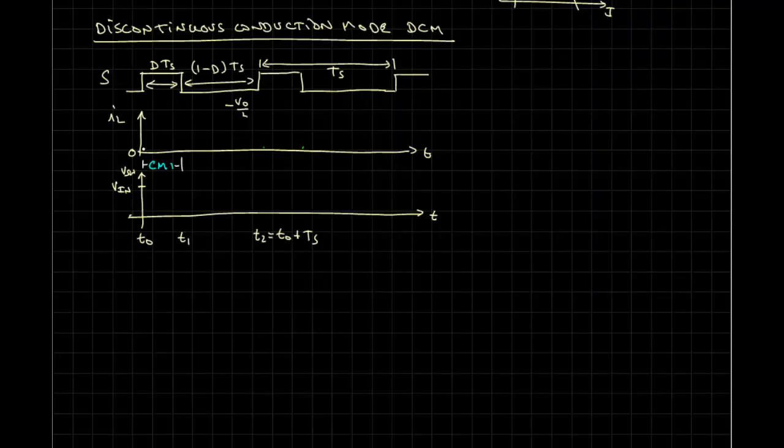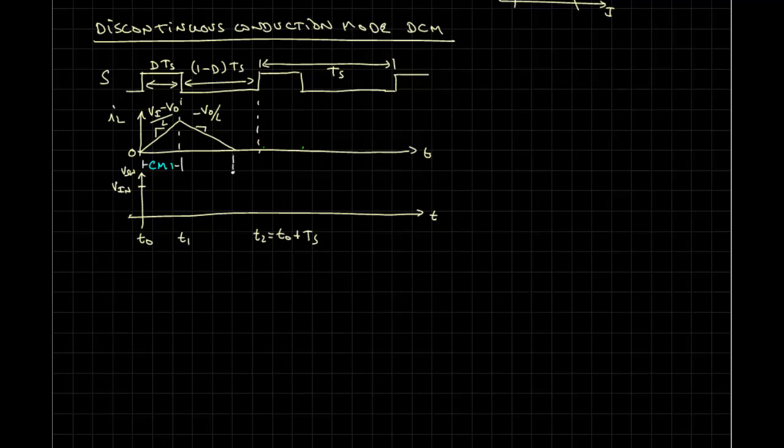Okay, so in the discontinuous conduction mode, the current starts at 0, and it still rises with the same slope, VI minus VO over L, same slope as before. The difference is it falls at a rate, still minus VO over L, but either VO is higher and so it falls at a greater rate, or we have extended our period such that the inductor current returns to 0 before we're ready to turn our switch on.